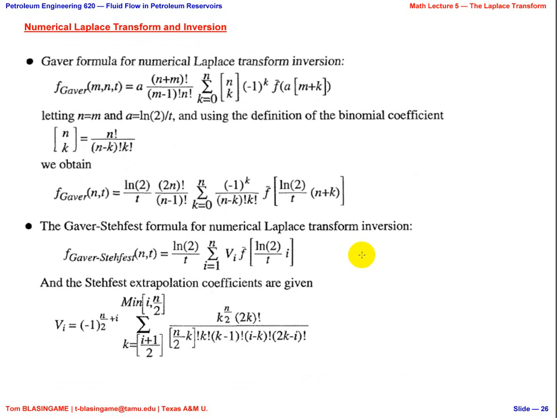And this one, which is the best friend of whoever does analytical analysis of reservoir modeling, is from Laplace to the real domain.